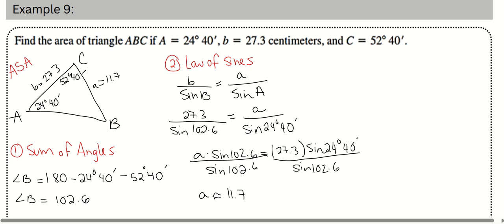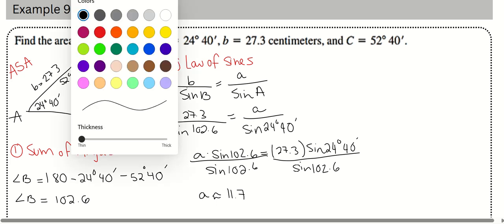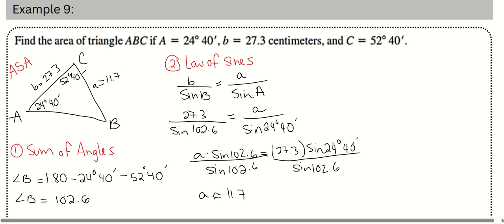And now we can use our area formula. Since we have a, little b, and sine c, we can use our area formula that states that the area is equal to 1/2 a b sine of c.